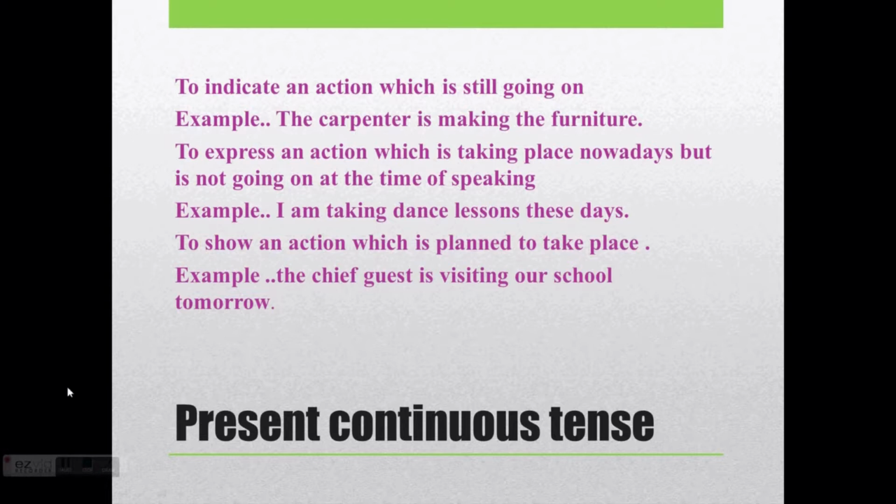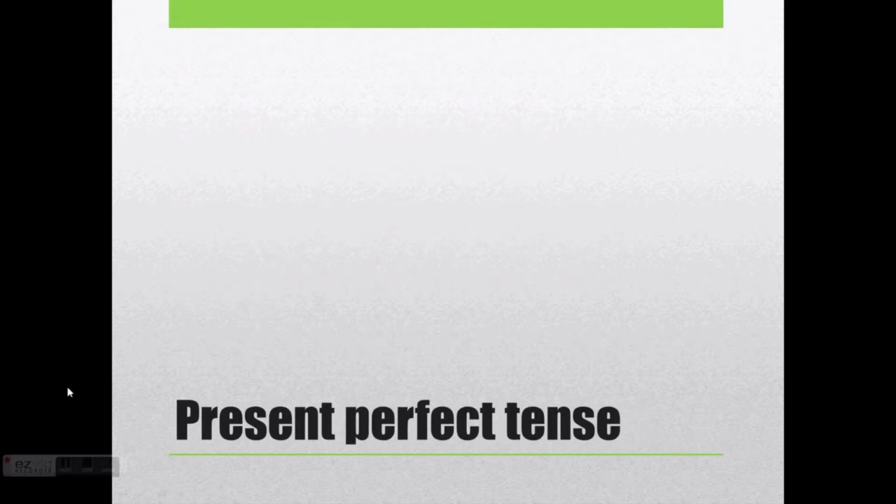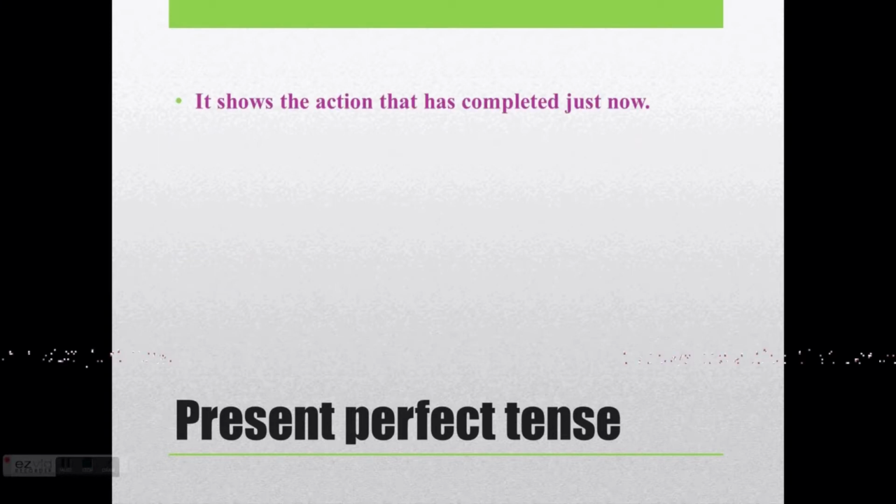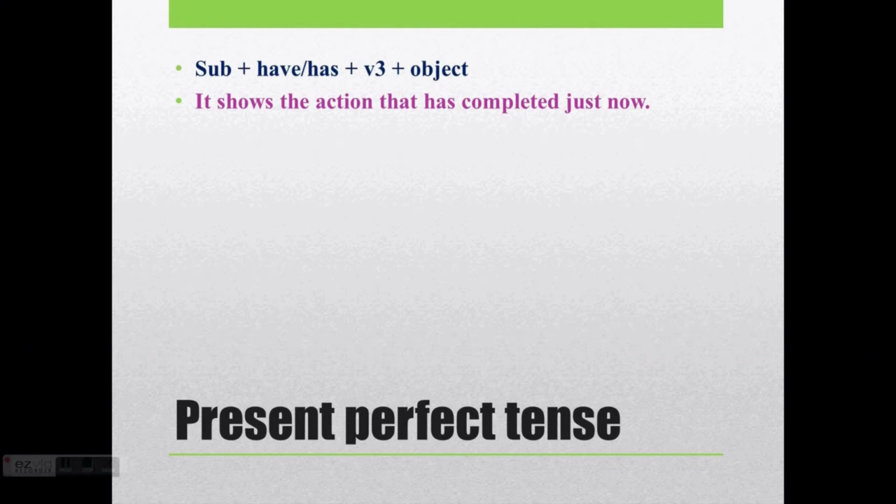Now let's go to present perfect tense. What is present perfect tense? It shows the action that has completed just now. The sentences in present perfect tense can be written in the form of subject plus have or has plus V3 plus object.